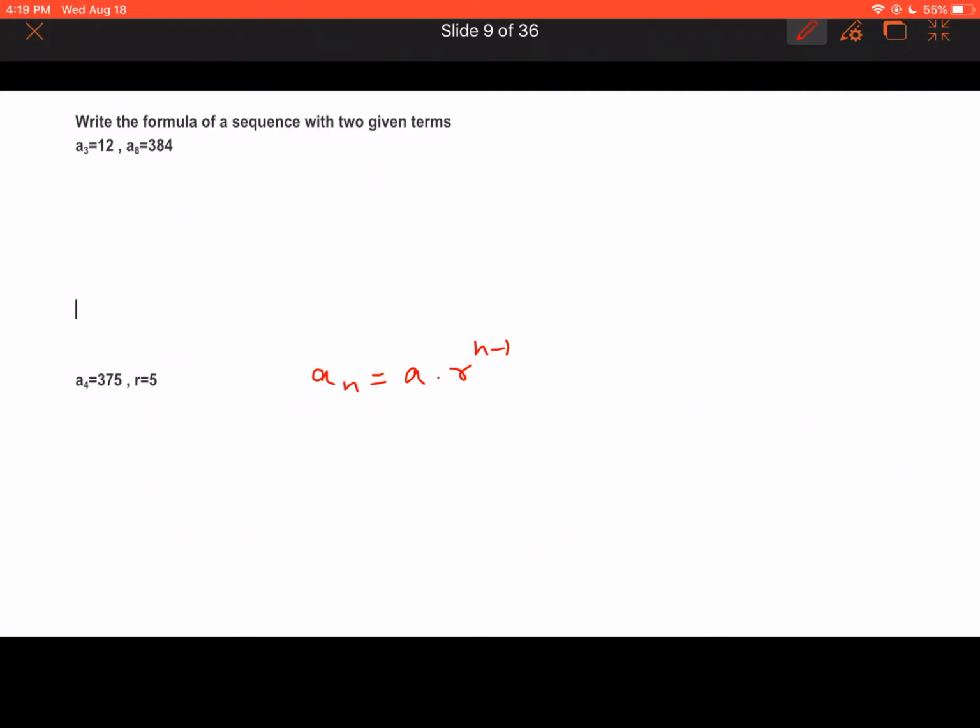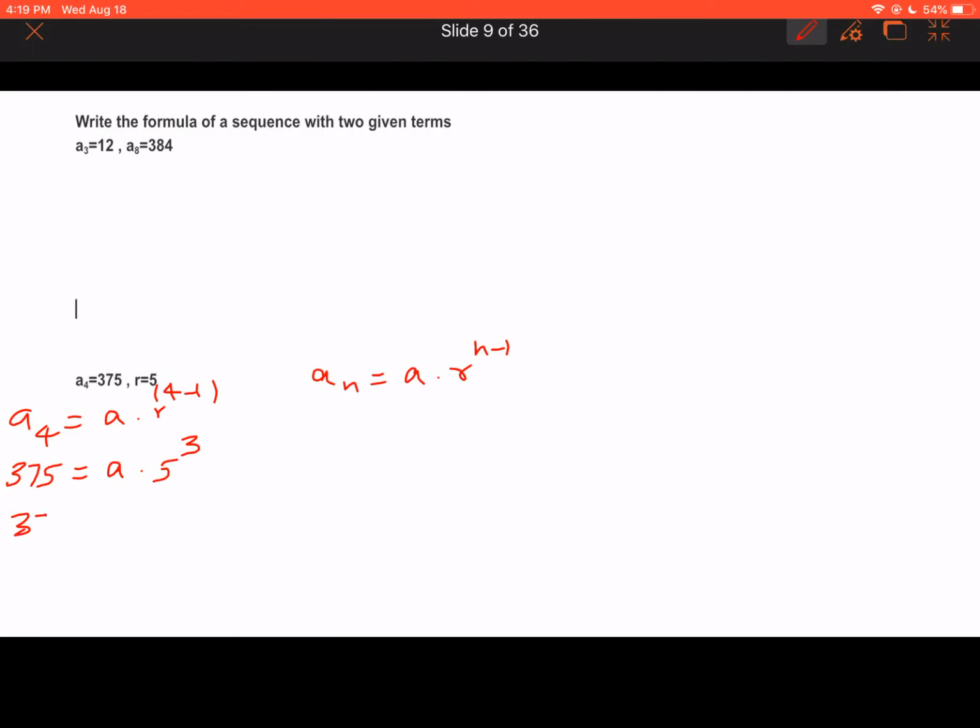We all know that a4 can be written as a times r to the power of n minus 1, that is r cubed, that is 4 minus 1, right? Here we just substitute the values that we know. a4 is 375, a we don't know, and r is 5, and n minus 1, that is 4 minus 1, is 3.